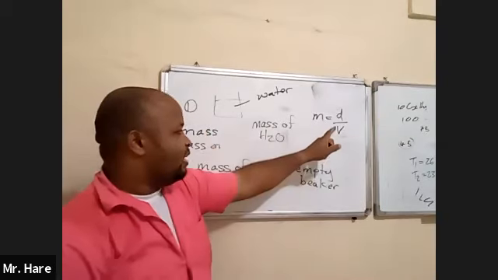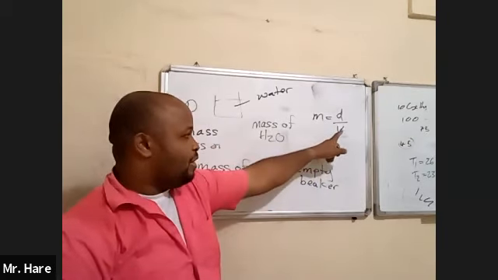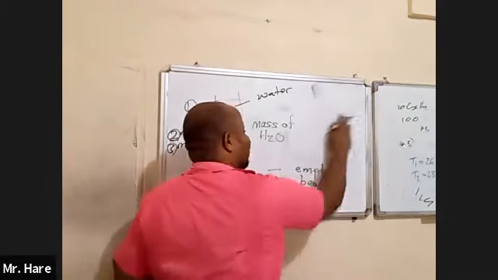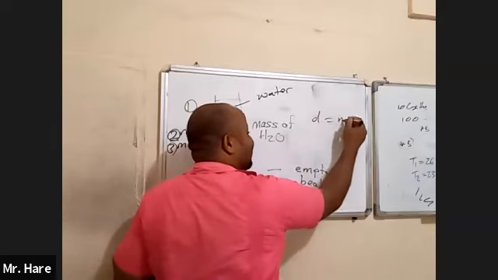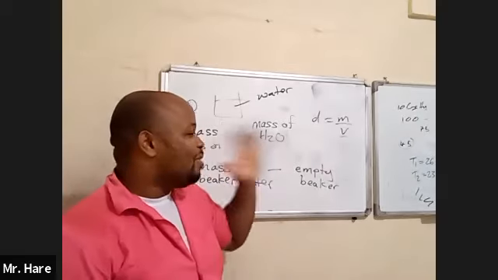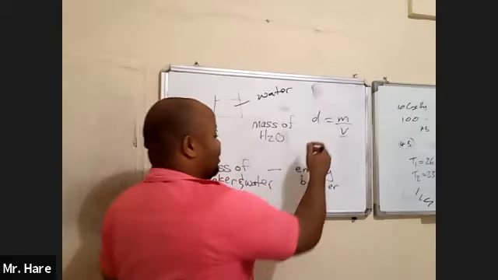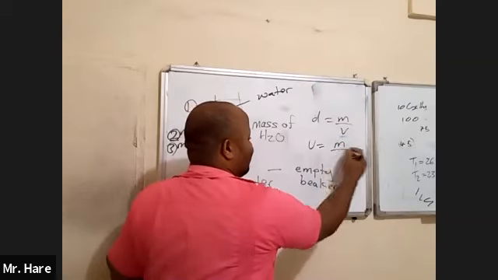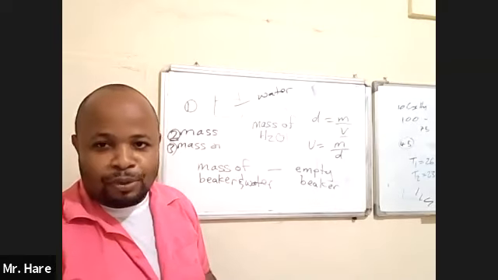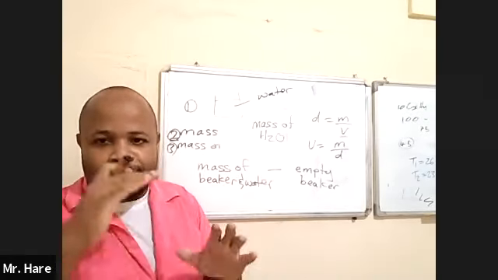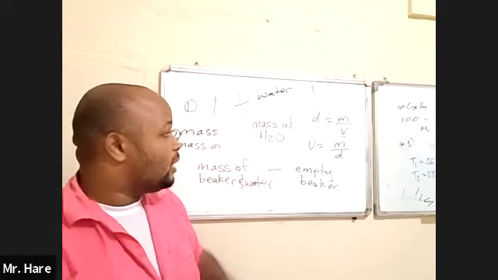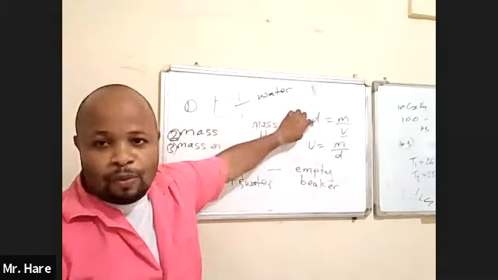Density is mass over volume, right? So if you want the volume, it is mass over density. So the reason why we use the temperature now, water has a different density at particular temperatures. So the temperature is to give us the density of the water.